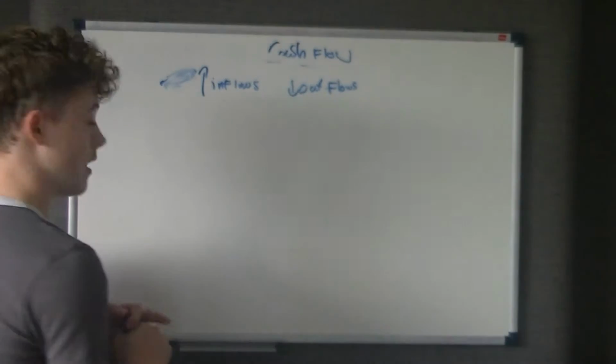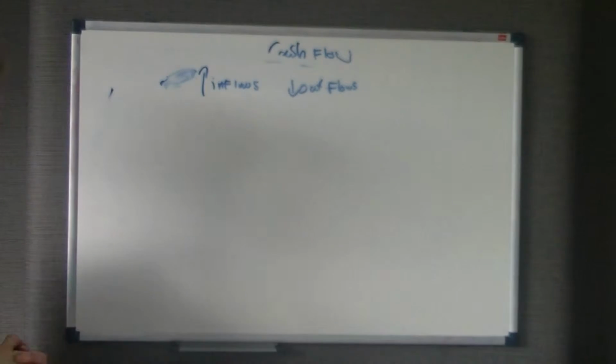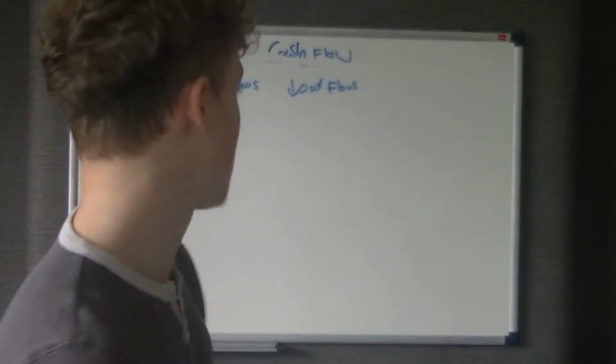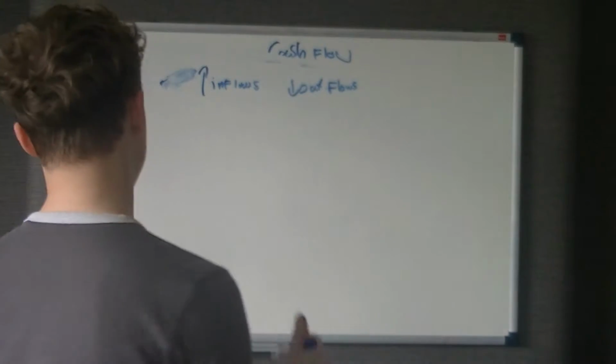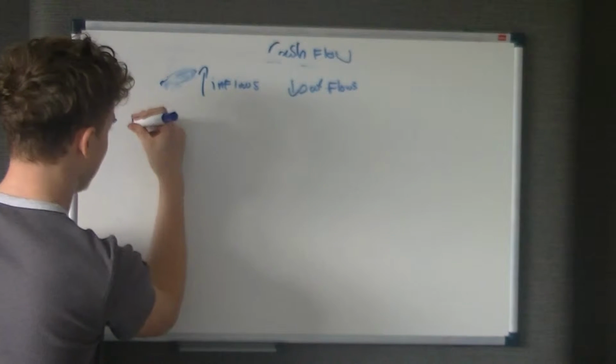So yeah, and you've got to be careful. I know this is more business one stuff, but cash flow does not indicate profit for a business, because you could have inflows of, I will do the inflows first, which leads me on to this. You could have inflows of a bank loan.